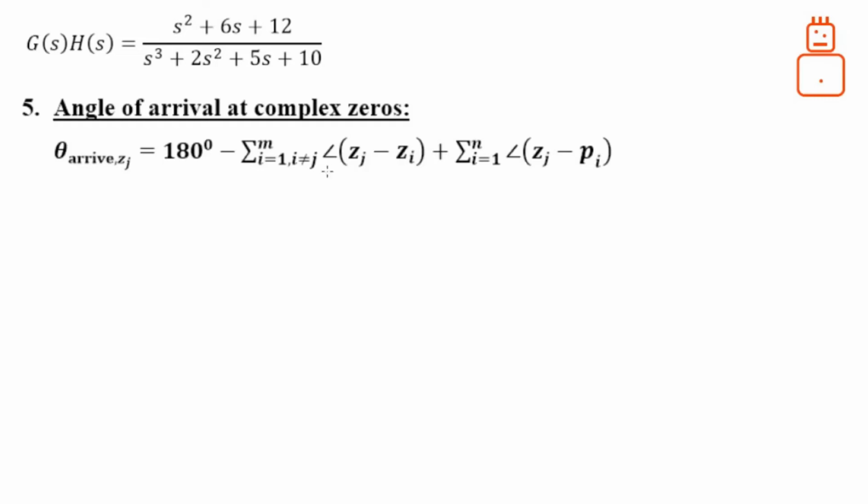The formula is the same, although you may see it's a minus then a plus, but it's the same phenomenon. It's 180 plus the angles made by other poles with the corresponding zero minus the summation of the angles made by the other zeros with the corresponding zero.